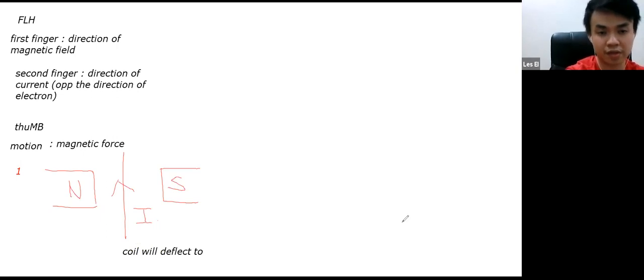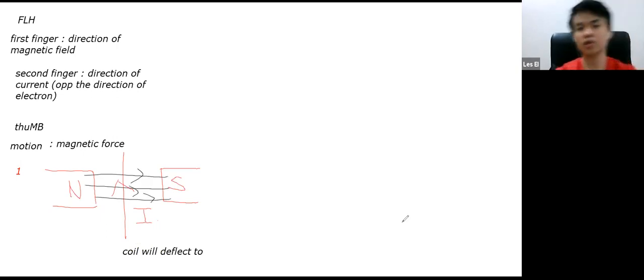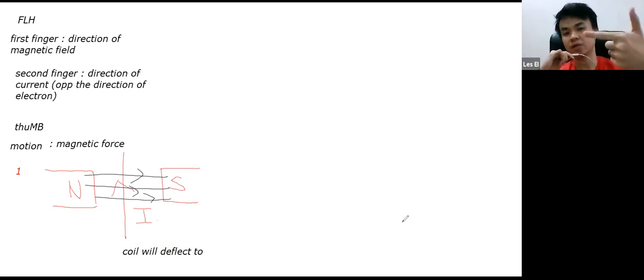You can draw first. Which finger represents the magnetic field? Your first finger, left hand. Don't use your right hand. Point your first finger to the right of your screen, following north to south. Then your second finger is the direction of the current.